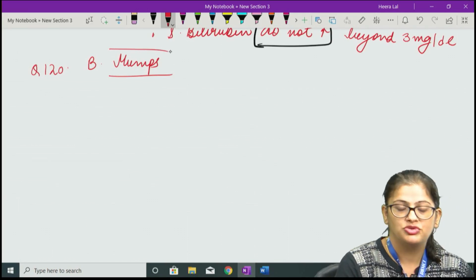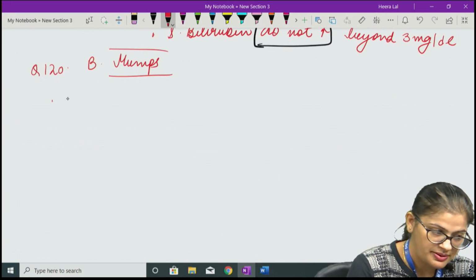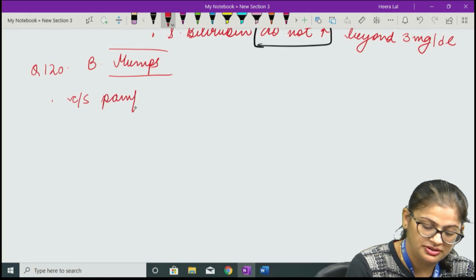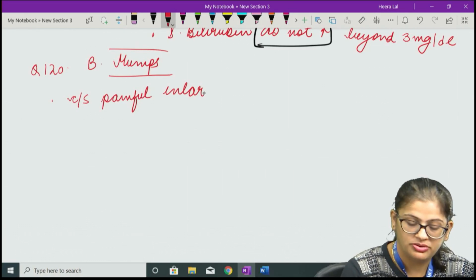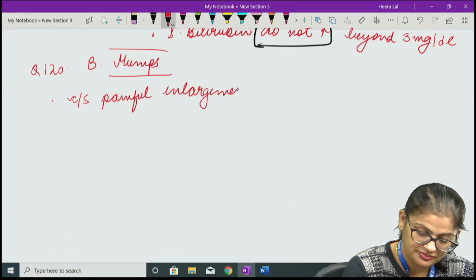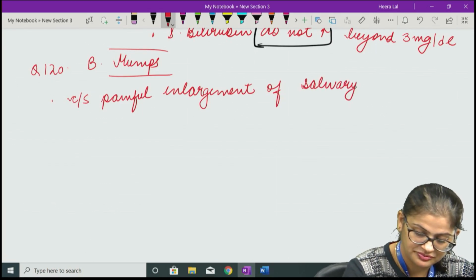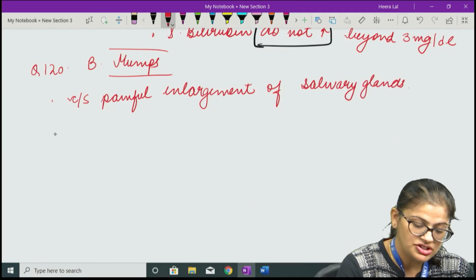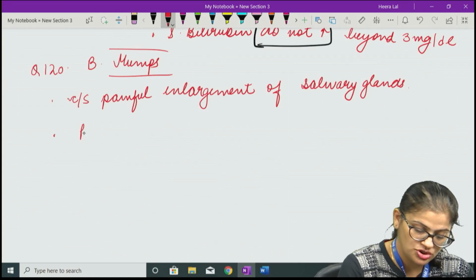I'm sure you know that mumps is characterized by painful enlargement of the salivary glands, most importantly the parotids. It is a contagious viral infection that results due to the paramyxovirus.